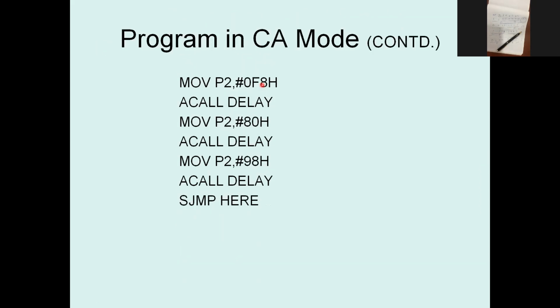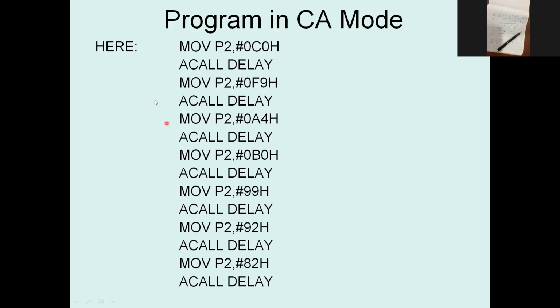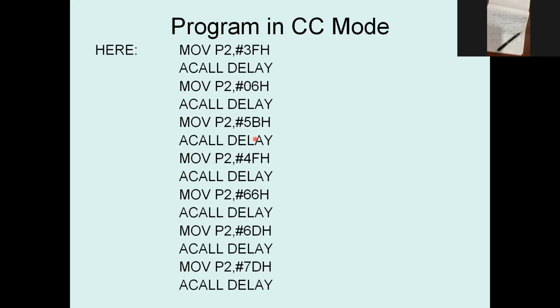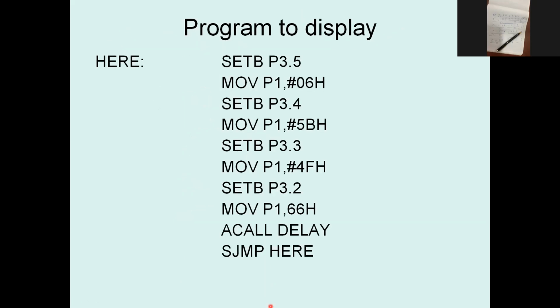Next F8, F9, up to 9 will be displayed. Then it displays again from the beginning, from the first line, meaning 0 to 9 displays, then again 0 to 9. This display goes on and on. Similarly, in common cathode, just the values change. The program is the same. So these are the common anode and common cathode programs.